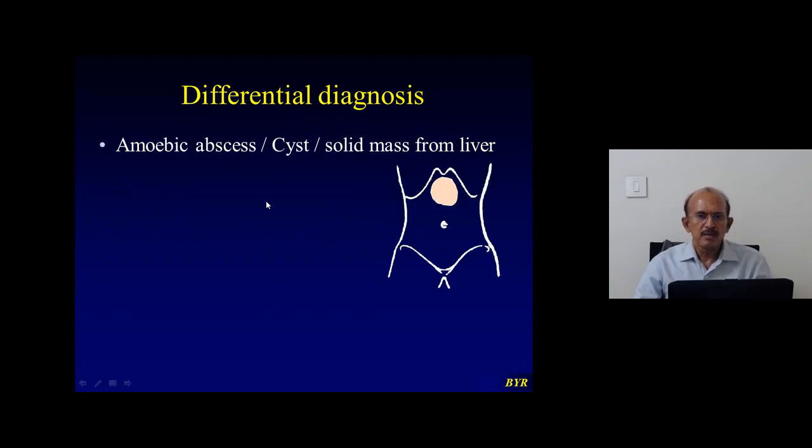Differential diagnosis, that means a mass in the upper abdomen or right or left upper quadrants. So whenever you find spherical masses, what should be the other things you must consider? It may be a hydatid cyst, or a solid mass from the liver.